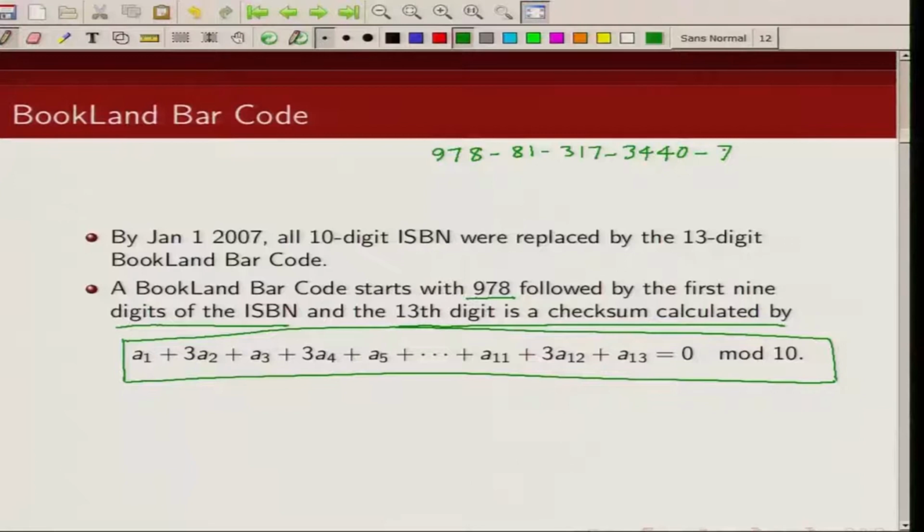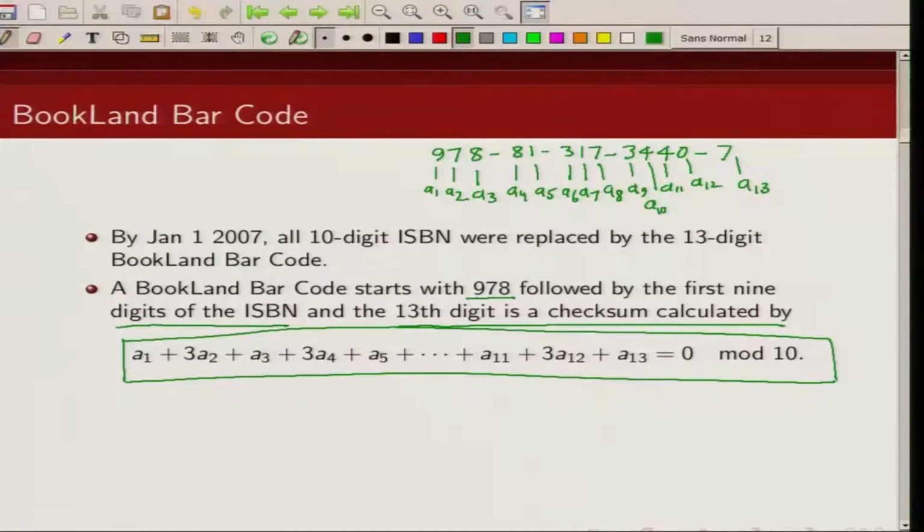Now, this is my A1, this is my A2, this is my A3, this is my A4, A5, this is A6, A7, A8, A9, this is A10, this is A11, this is A12, and this is A13.